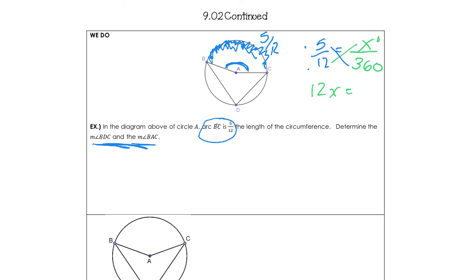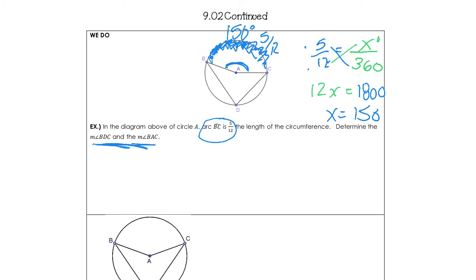Oh, I need my calculator. Sorry. Let me check. 5 times 360, 1800. Divide both sides by 12. X equals 150. So this angle BC, it's 5/12 of the circumference, or it's 150 degrees, which makes sense.